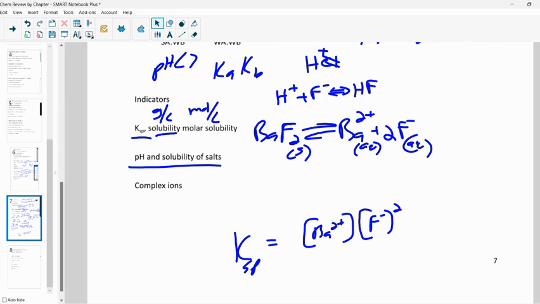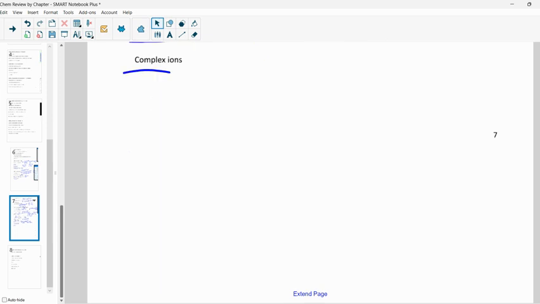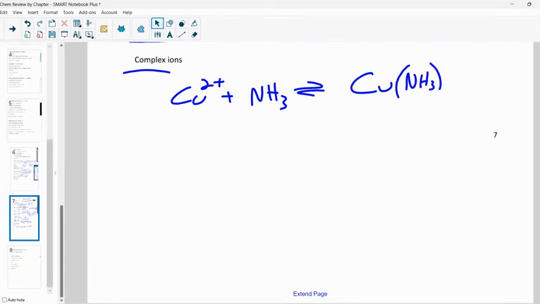All right. Complex ions. It would be something like maybe we have copper plus ammonia, and we're going to end up with a complex ion, meaning it doesn't form a precipitate, but we get something like this where everything's aqueous, and we'll have a K value for it.